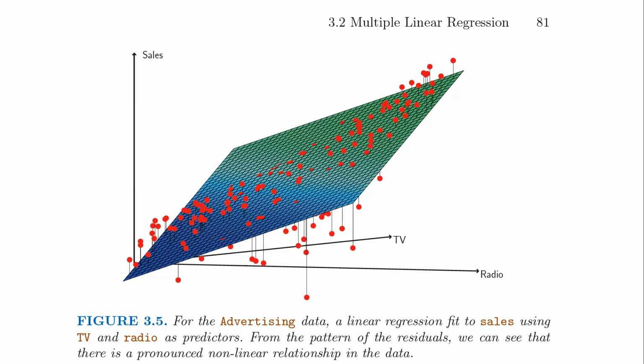Think of your partial derivatives. Think of finding turning points on a curve, but this is instead the residual sum of errors, which would be a function of beta naught, beta TV, and beta radio.